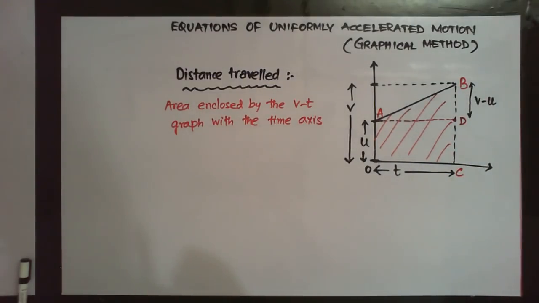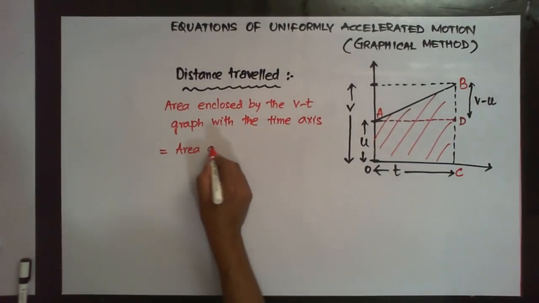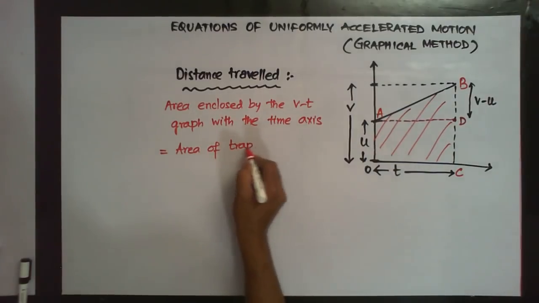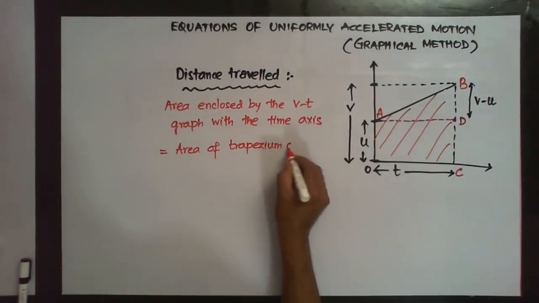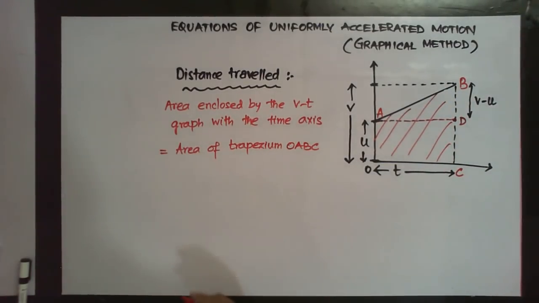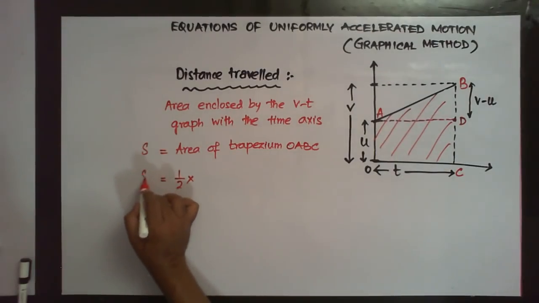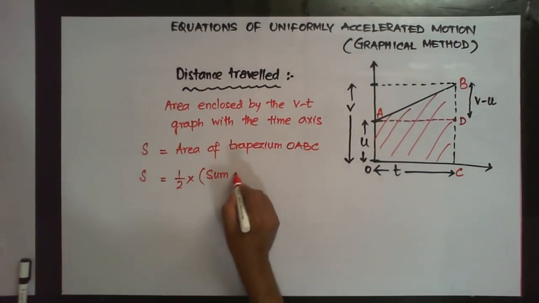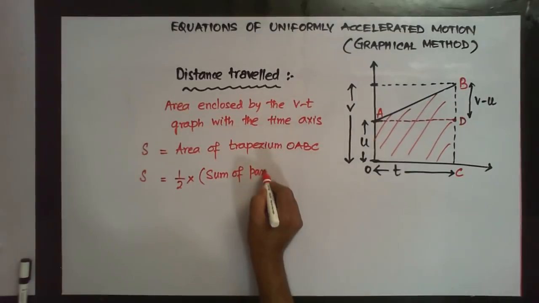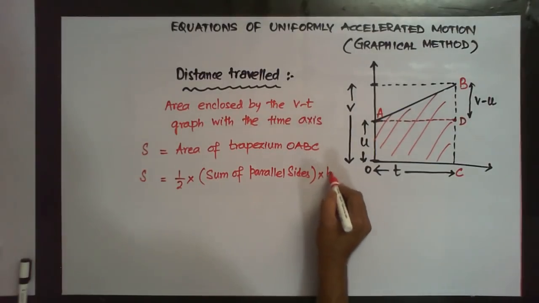We are getting a trapezium here, so this would be equal to area of trapezium OABC. What is the formula? Distance is represented as S, so S is equal to half into sum of parallel sides multiply height.